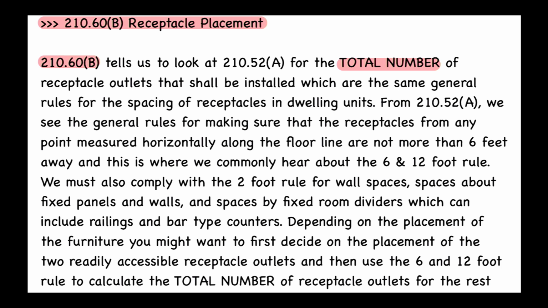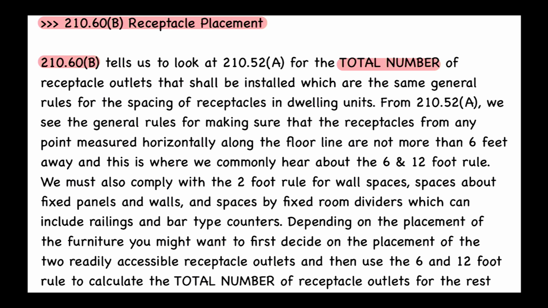And then you're going to use the rules for 210.52(A), and you're going to go around the room and measure, and you're going to say, okay, let's say you need 6 receptacle outlets for that room. So you're going to put 2 to be readily accessible, and there's probably going to be one, or maybe another one, by the nightstands and some other places.